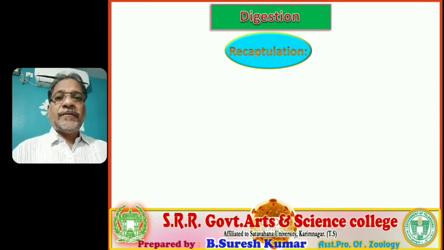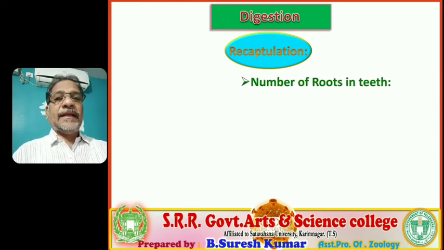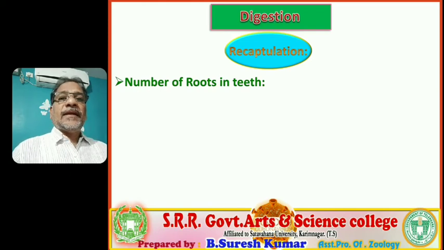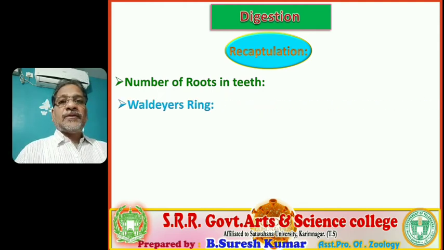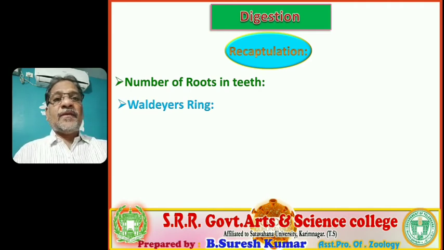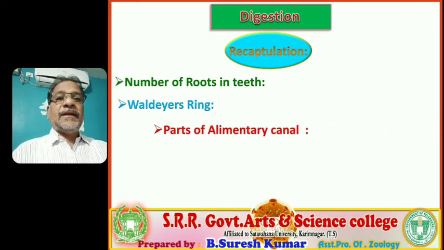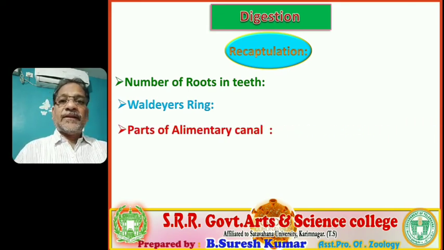Now I am going to recapitulate the topics that we completed in the last classes. In the digestive system of human beings, we finished the number of roots present in our teeth yesterday, and the lymphatic tissue associated with the pharynx, also called Waldeyer's ring, and the parts of the alimentary canal that are seated from mouth to anus along its length.